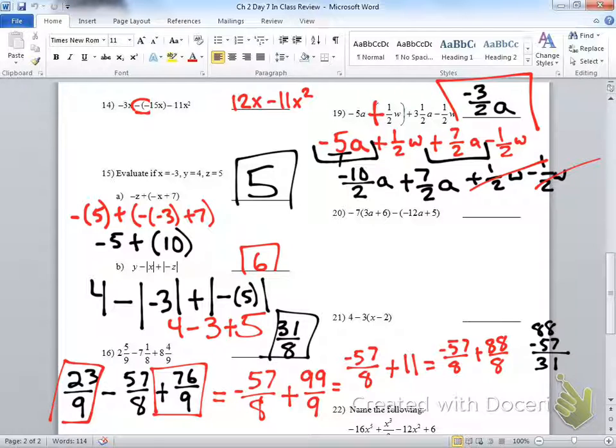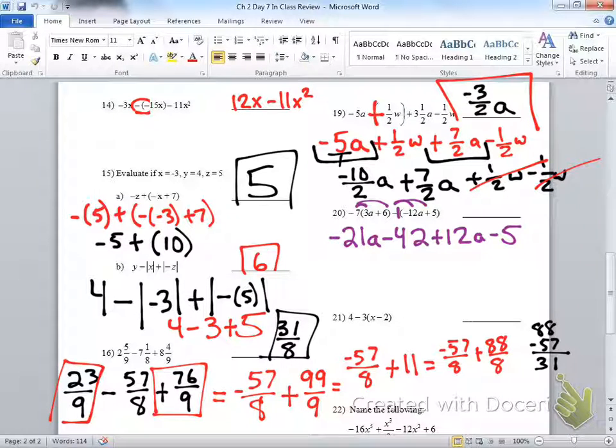All right, how should I start number 20? First, distribute the -7. Distribute the -7? Then distribute the other side. Okay, and then that's like a -1. So that'd be positive 12a minus 5.